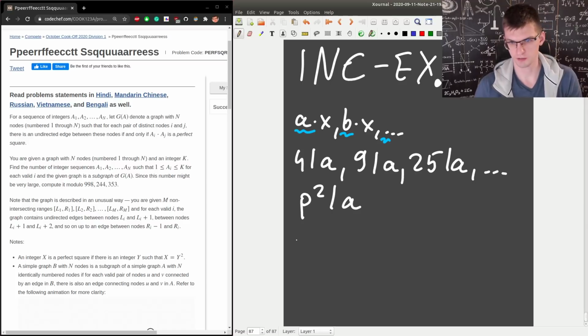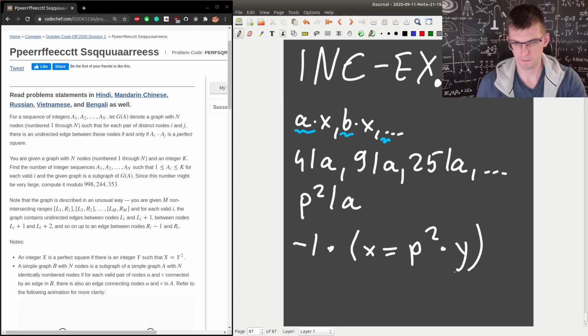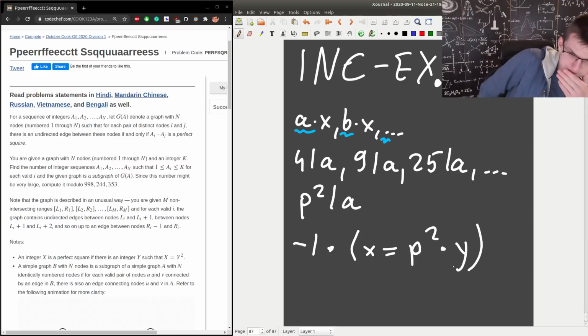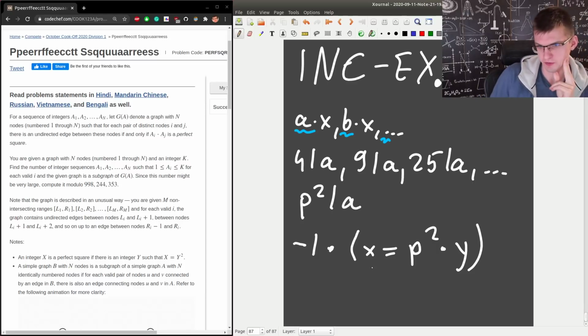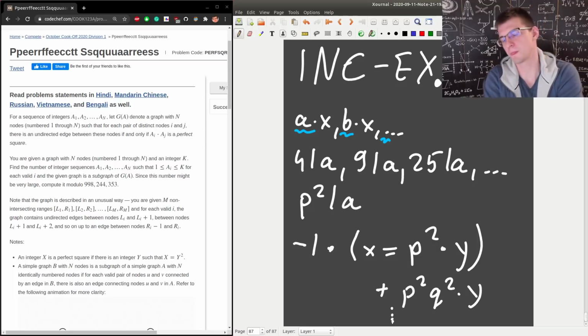So I should subtract every x of form x being p squared times something. Then I should add back those of form p square q square, and so on and so on.